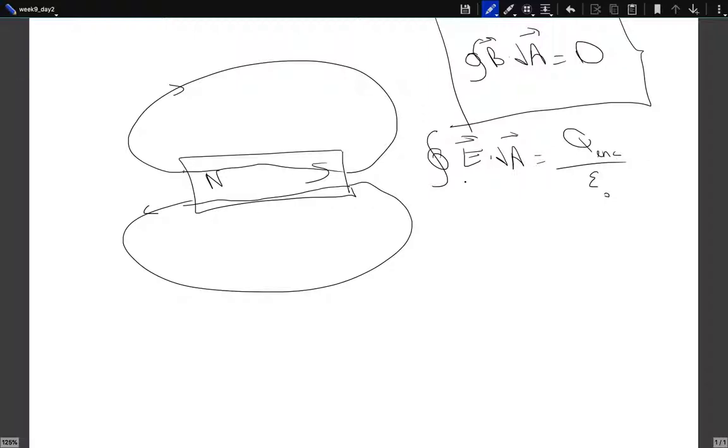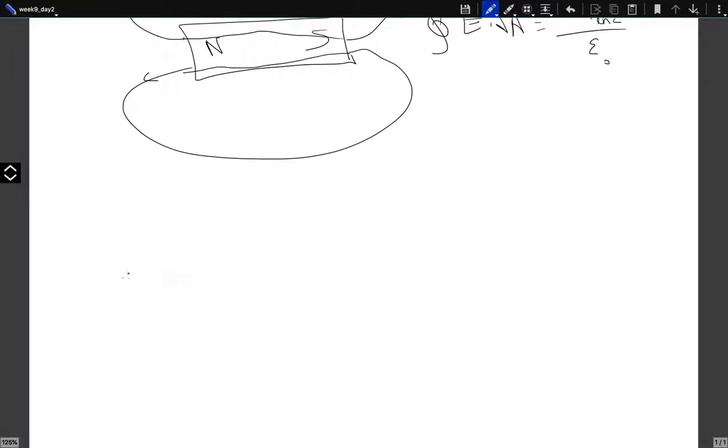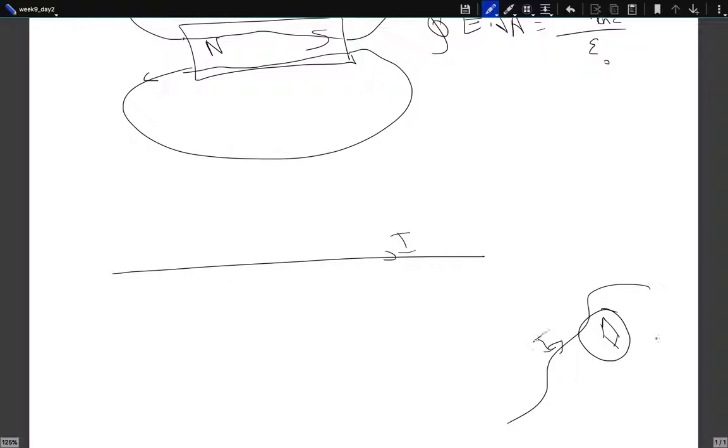Then we said that we also discovered that currents, if you have a current, also create a magnetic field, because when we put a current close to a compass, so if you have a compass and you put a current-carrying wire near the compass, the compass will just rotate.